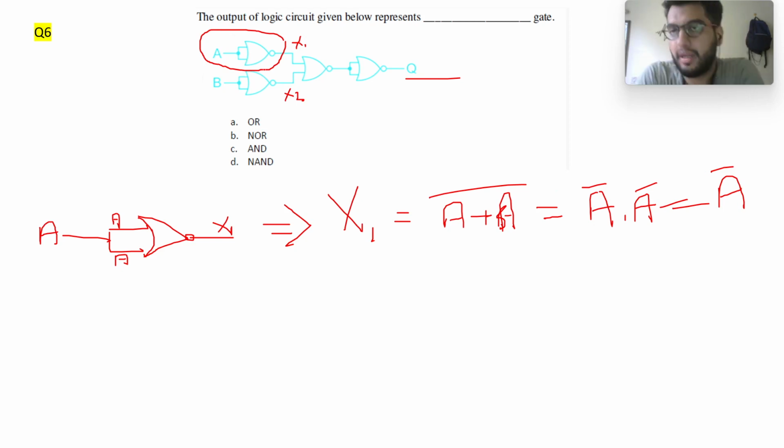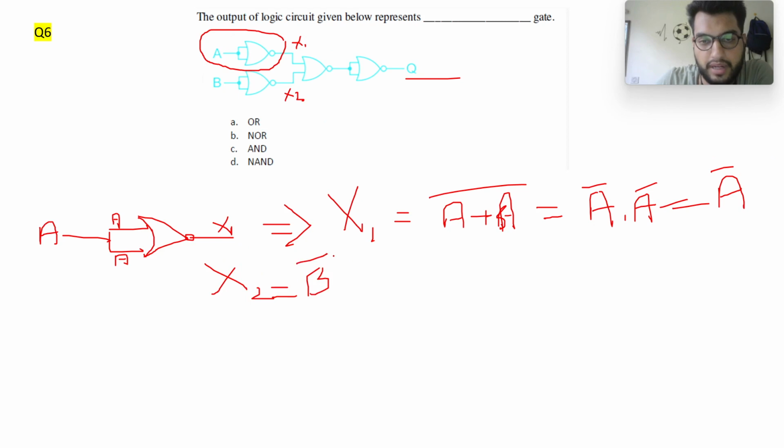You might know that NOR gate and NAND gate are known as universal gates because of their functional completeness. By functional completeness, I mean that using these gates, you can construct any other gate. So here we have constructed a NOT gate using a NOR gate, and with input A the output will be A complement. Similarly, x2 will be B complement.